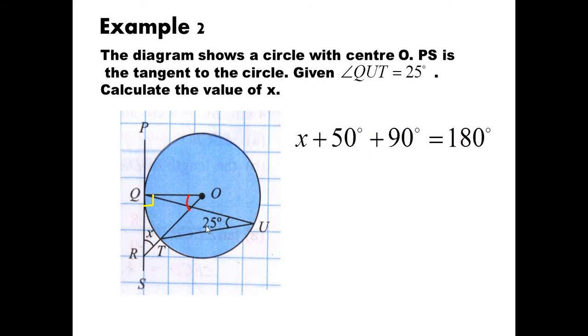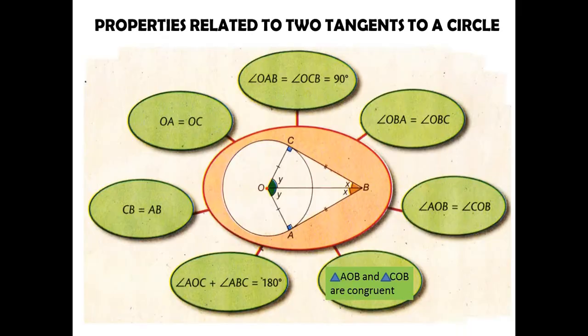This 50 comes from the angle at the center of the circle. 90 is the angle from the intersection between the radius and the tangent. When we add these three angles, we're going to have 180. Therefore, our x is equal to 40 degrees.